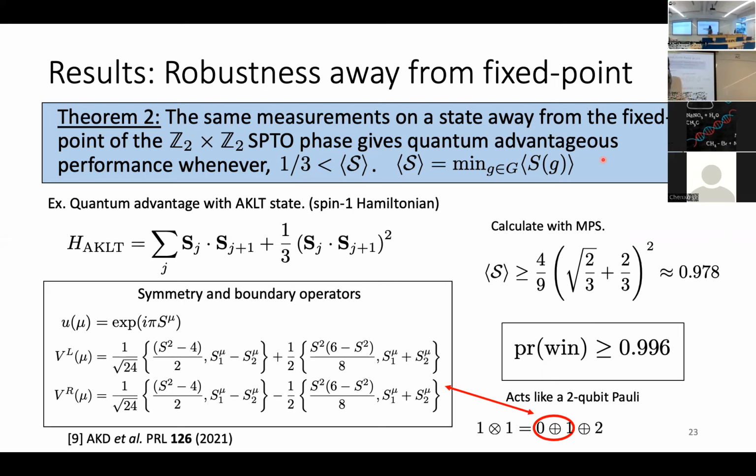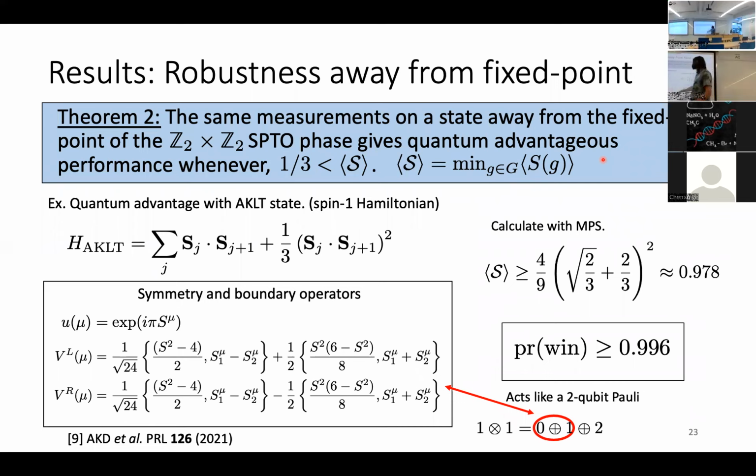This Hamiltonian is like a spin 1 Hamiltonian with an antiferromagnetic Heisenberg interaction and this so-called bilinear biquadratic term. And I could ask, what does the symmetry look like? The symmetry is literally just pi rotations about the X, Y, and Z axes, your standard representation of this group D2 or Z2 cross Z2.